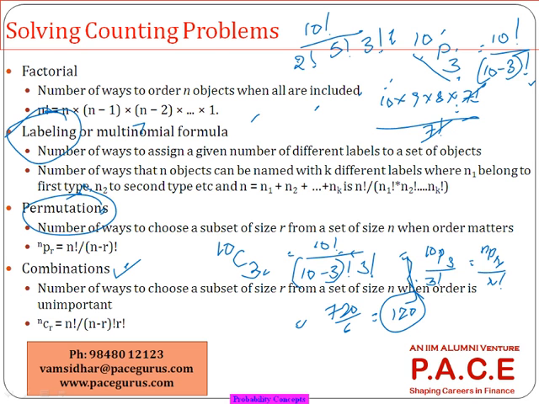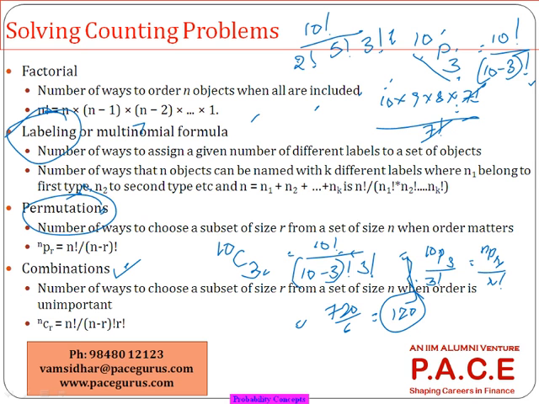So any number, if it is getting split into x number of groups, where each group has some number of elements, the number of ways of allotting the whole n items into the different groups goes with the labeling formula, which is based on the number of items in each of the groups.